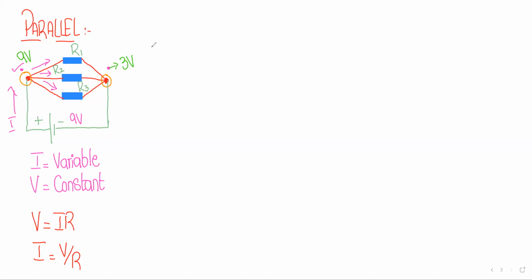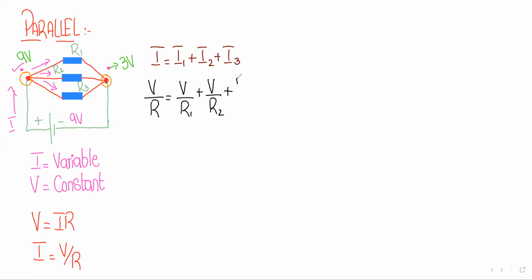So total current in the circuit will be I equals I1 plus I2 plus I3. That will give you the final value, and I equals V over R1, V over R2, V over R3, right?